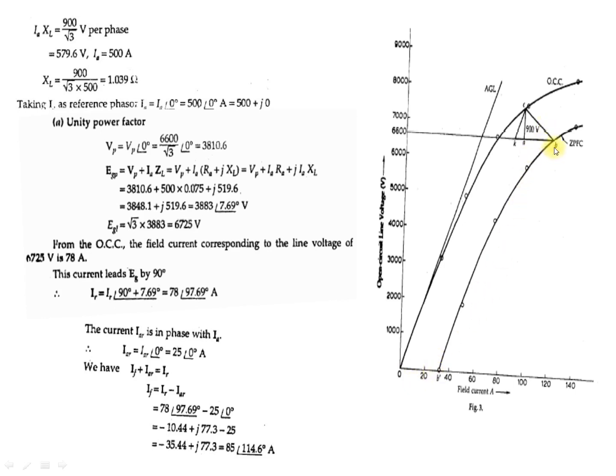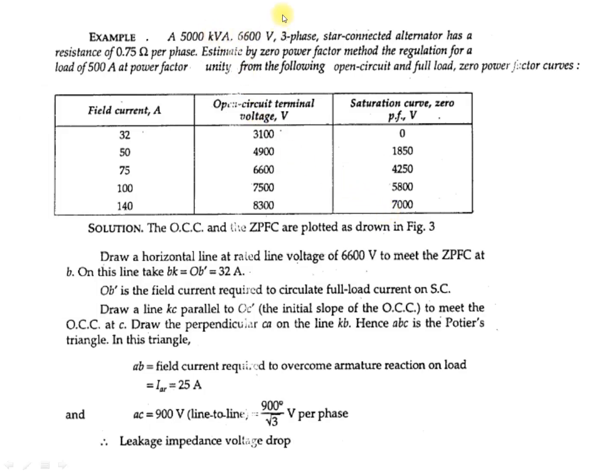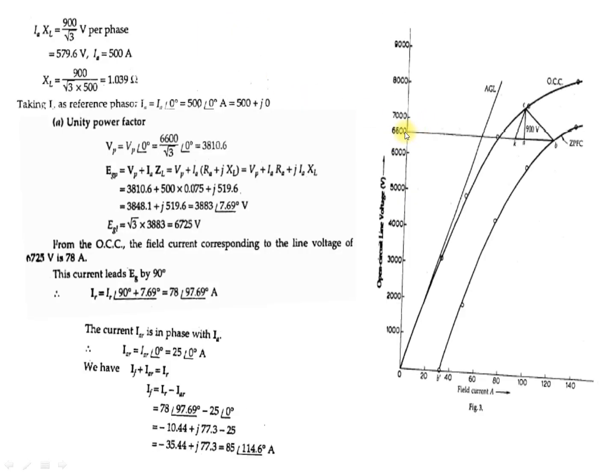We will be drawing that particular 32 amps line from this particular B point, because this particular 6600 volt line to line will be our given voltage, that is the rated terminal voltage of the machine. So by drawing that line across this particular OCC and the ZPF, that particular line will be cutting the ZPF curve over this particular B point.